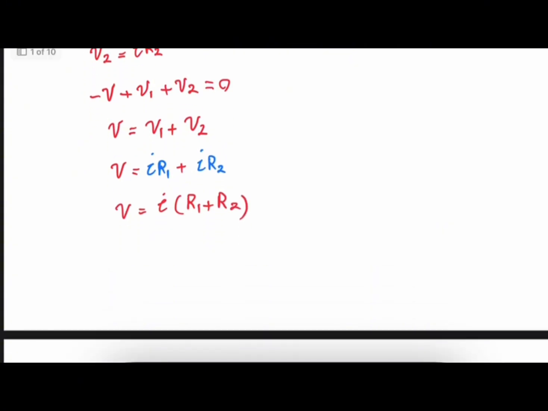Therefore, solving for current I gives V over R1 plus R2.